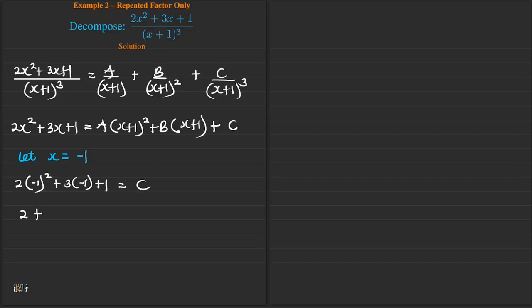Then plus 3 times -1, that gives us a -3. And then plus 1 is equal to c. So this is to say c, 2 minus 3, which is a -1, plus 1. That gives us our c, which is equal to 0.